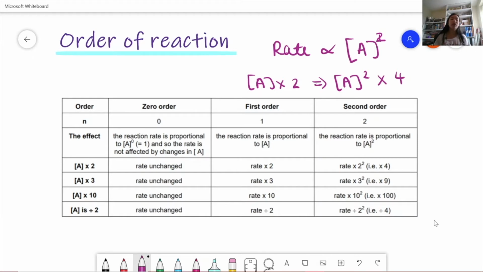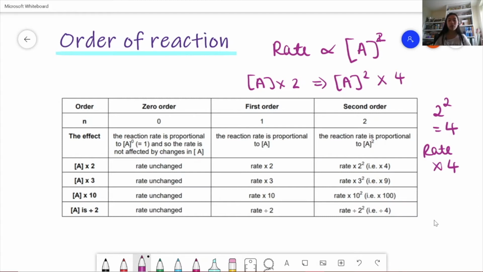So when you have the concentration of A squared, you have 2 squared. So that makes 4. And so the rate increases by times 4. So then you'd have to do rate times by 4. And that's how they've got all of these numbers in the third column.